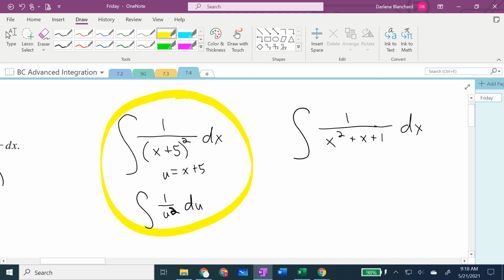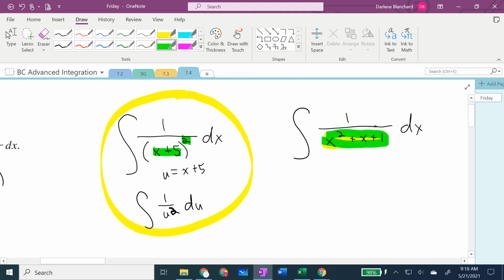If I am able to factor something down to a core of linear factors and not be stuck with a quadratic factor that is not able to factor, there's a difference between integrating a linear to a power versus a quadratic.